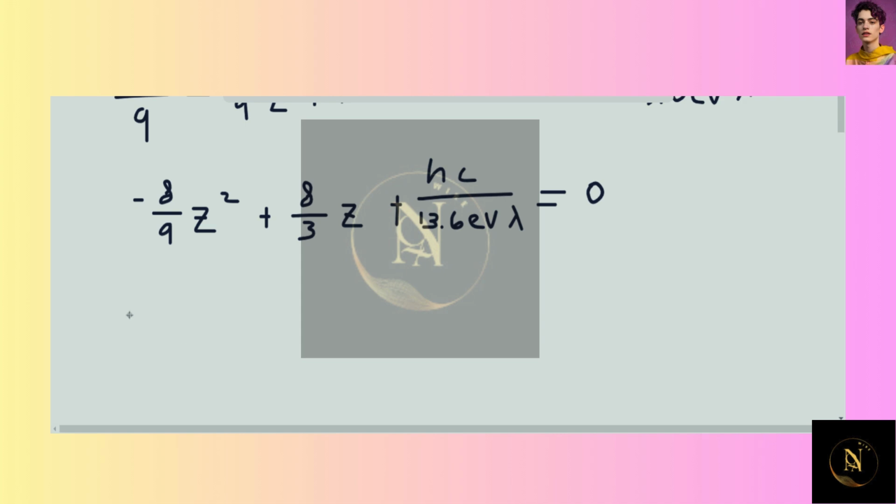Remember the quadratic formula: z equals negative b plus or minus the square root of b squared minus 4ac, all over 2a.